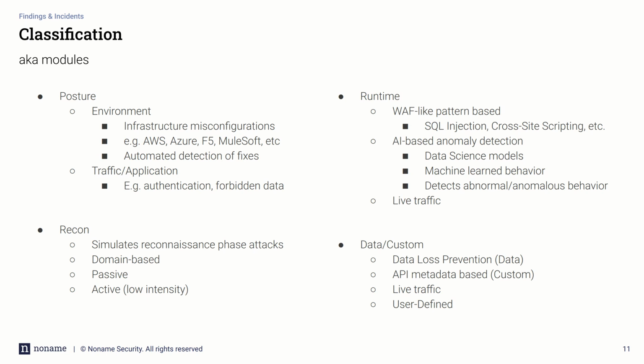So we want to perform these scans periodically in order to identify new misconfigurations. In addition to that, all the environment-based posture findings have an automated detection of fixing them, right?